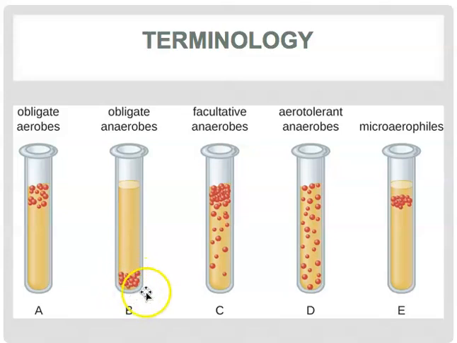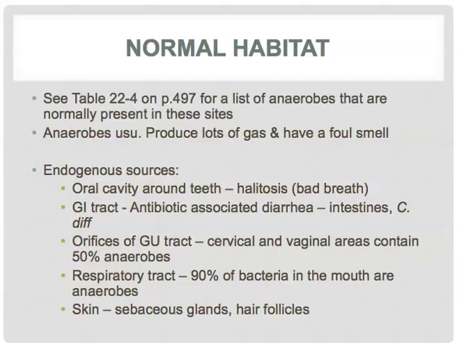They will grow in the bottom of the tube where there is no oxygen present. And then facultative anaerobes, remember, can grow with or without oxygen, but they prefer to have it. Aerotolerant and the microaerophiles either need a very small amount of oxygen or can't withstand it for long periods.